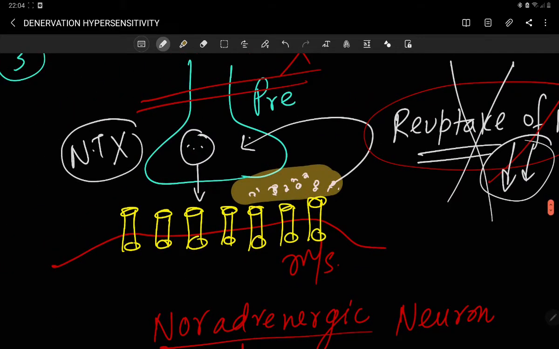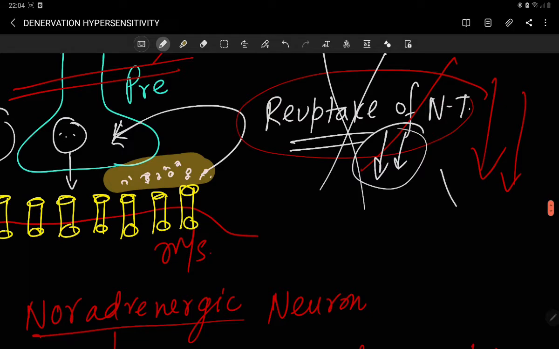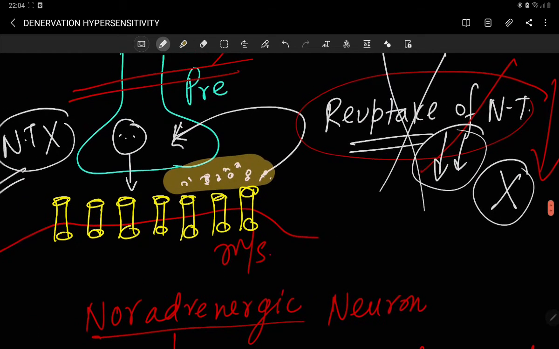If there is no neurotransmitter synthesis as well as no neurotransmitter reuptake, what happens? The concentration of the neurotransmitter at the synaptic cleft is relatively higher. Okay, it is relatively higher.